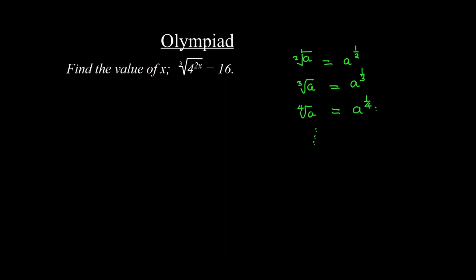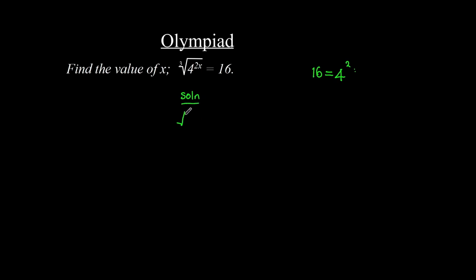So let us go ahead and work on this question and make sure that the right hand side is also written in exponent form, and we know that 16 is the same as 4 squared. Now if we know that, we can move on and start solving this. Firstly, we can write the question down again: the cube root of 4 to the power of 2x is equivalent to 16.